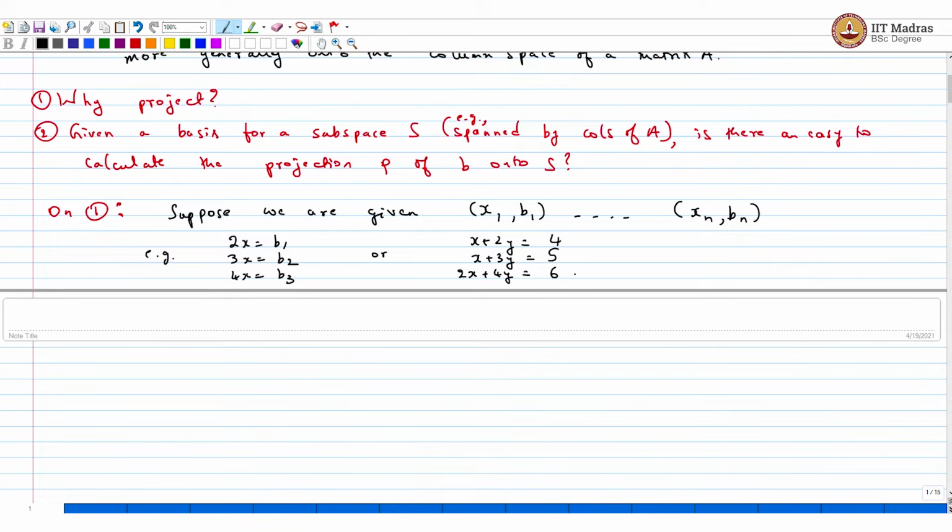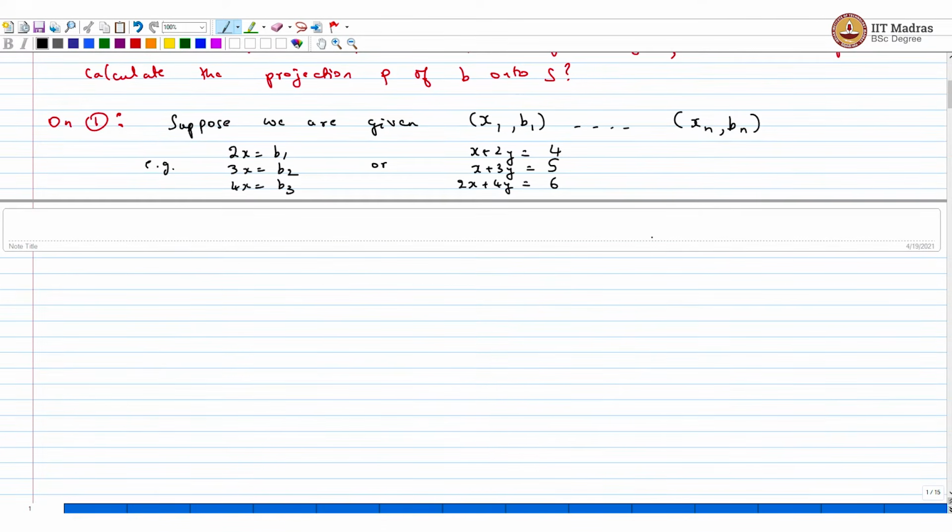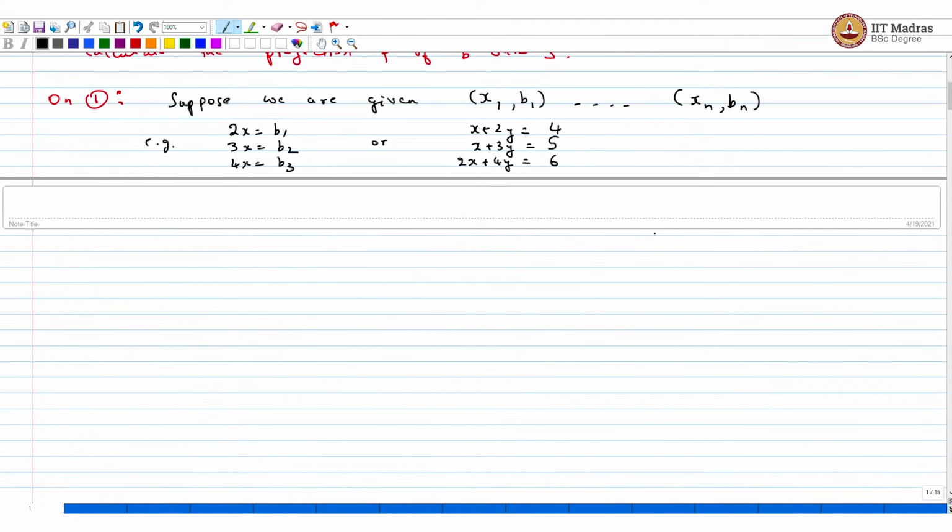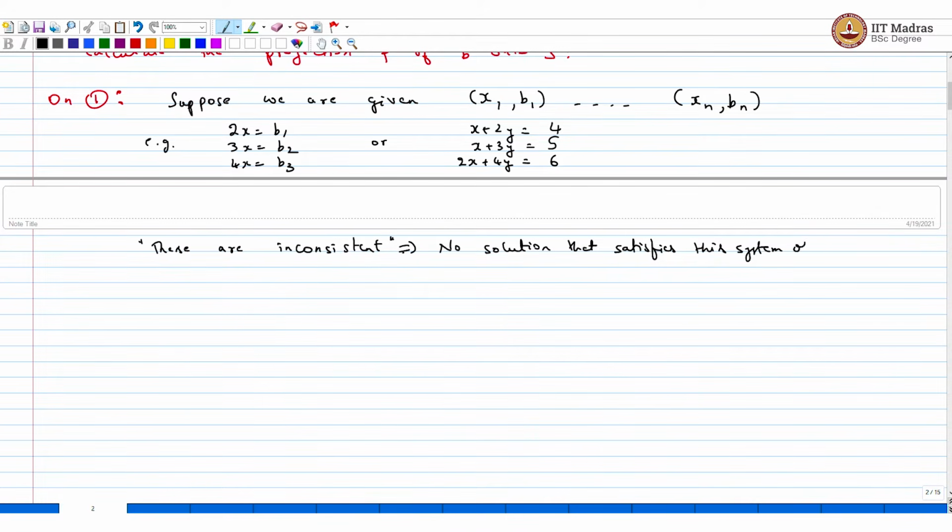Now, if you look at these systems, these systems are inconsistent. There's no solution that satisfies this system of equations.